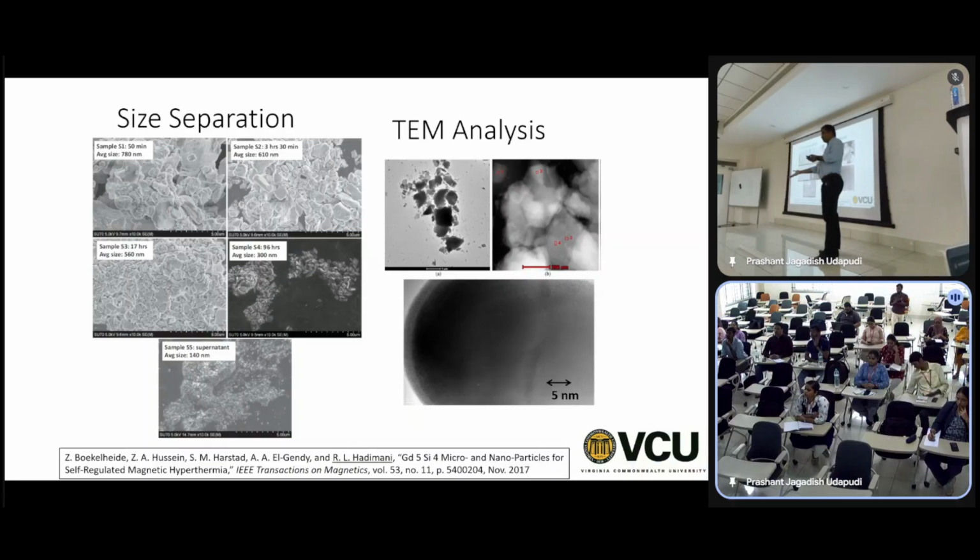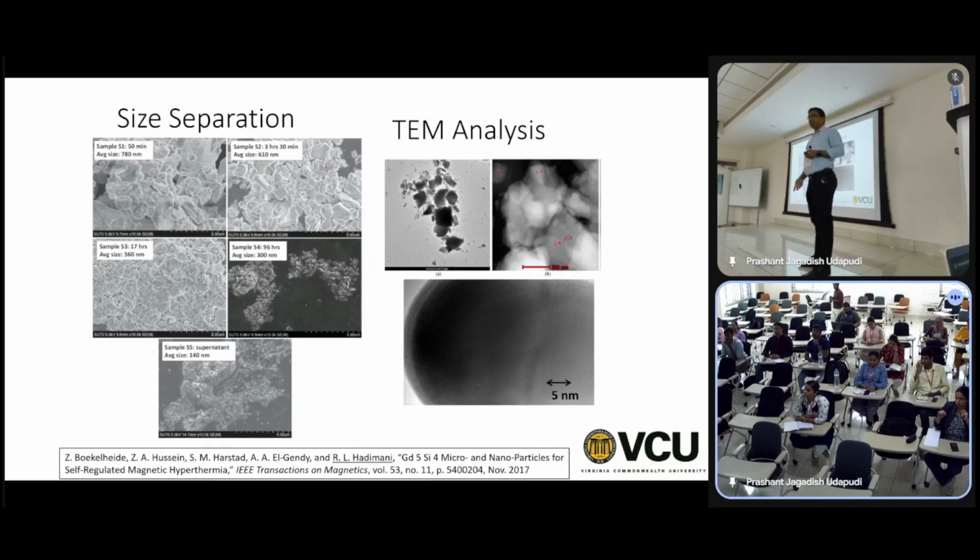Now we put it down on a magnet. So what happens if you put a magnet and put these particles? They will all be attracted down, right? But which one will get attracted down quickly? The bigger ones. So within 1 minute, all the bigger ones come down.